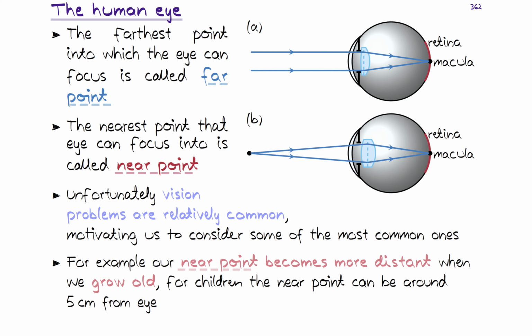And one student a few years back pointed out to me that there is some kind of nation or tribe, I think in Asia, whose children can actually see very sharply inside water. So this specific bunch of people seem to have a generic tendency of having a very, very close near point.